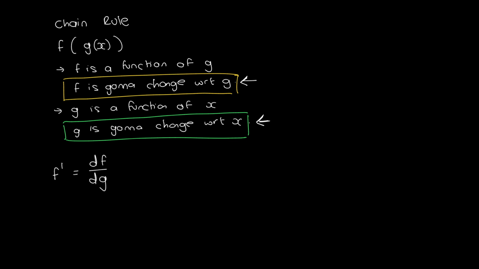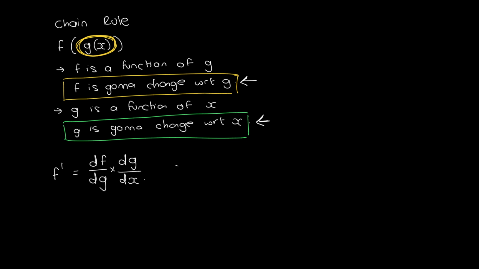I am looking at the inside, g, that's the input. So I'm taking the function and deriving it with respect to its input. And then I'm looking at how the input changes, the inside function, with respect to its input. And we just multiply them together because the change is multiplicative.